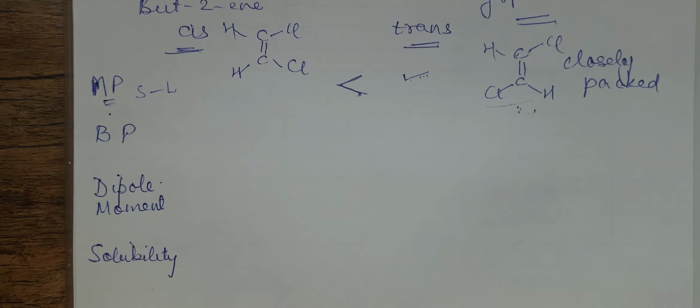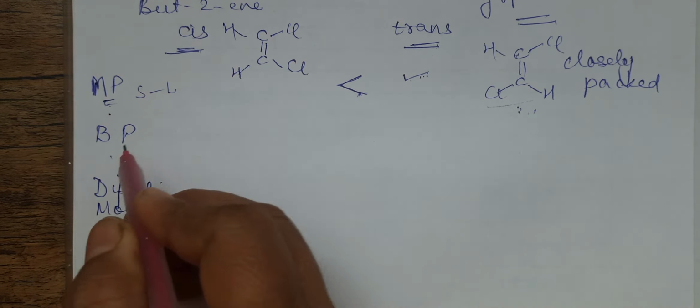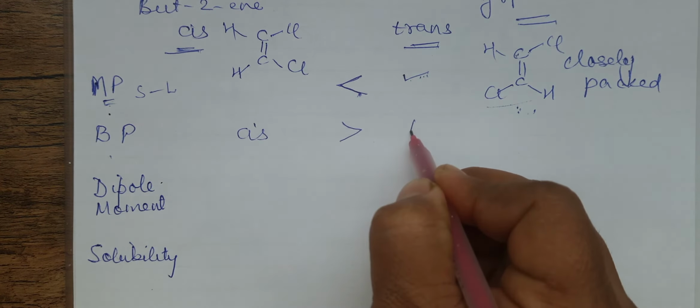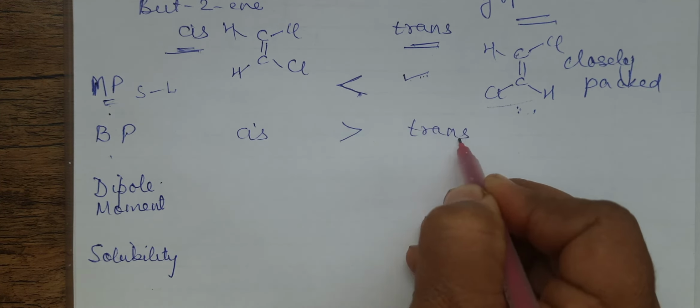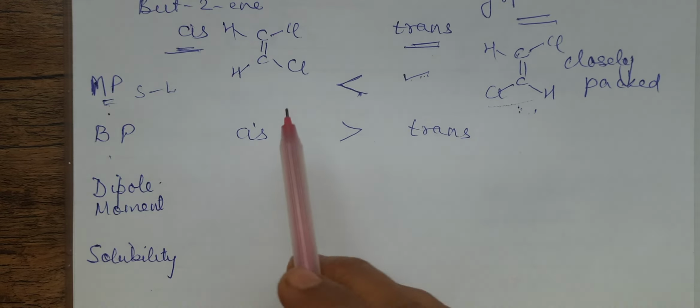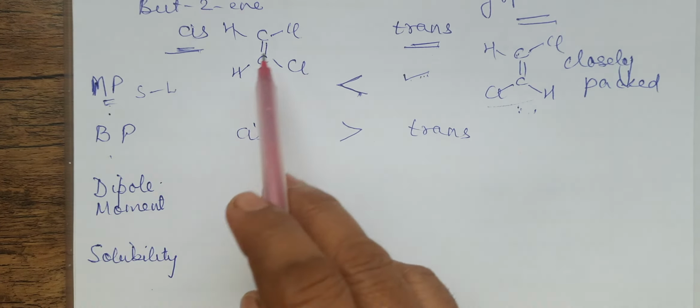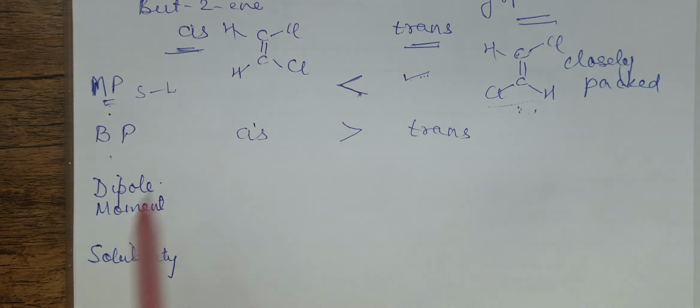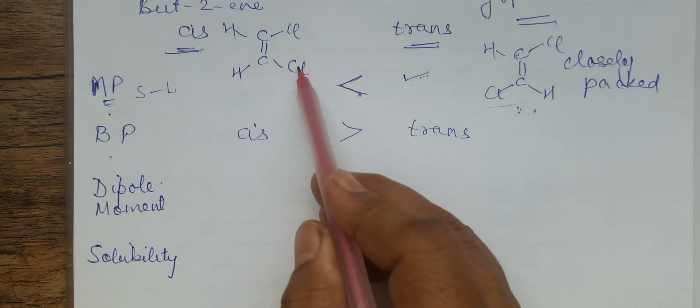Now if we compare the boiling point, it is greater for the cis form. The cis form has a greater boiling point than the trans form. Now what can be the probable reason for it? In the cis form, since the similar groups are present on the same side of the carbons bearing the double bond, there will be more repulsion.